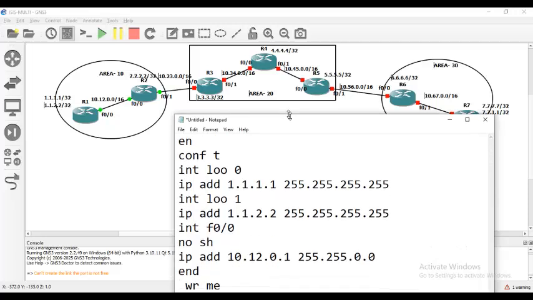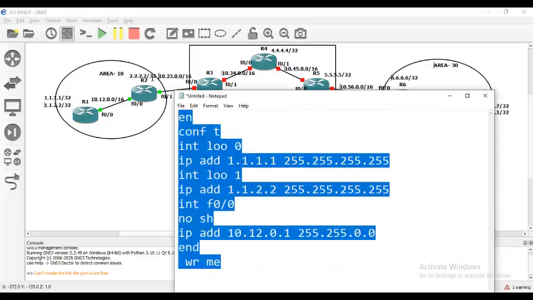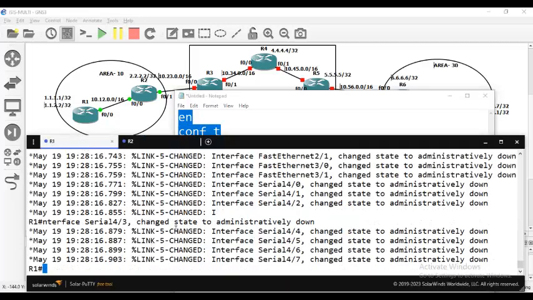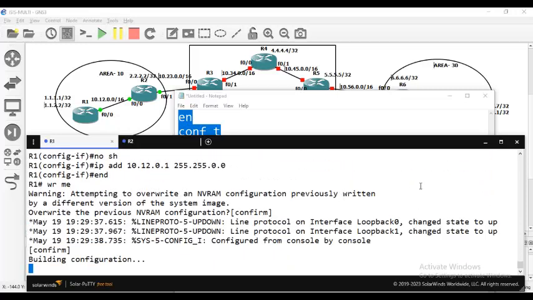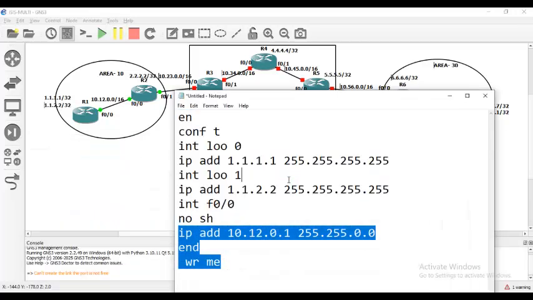Right. So this will go on router 1. Now this is for router 2.